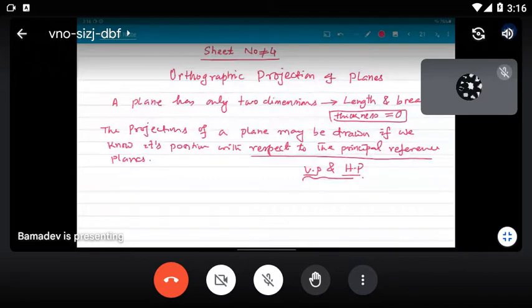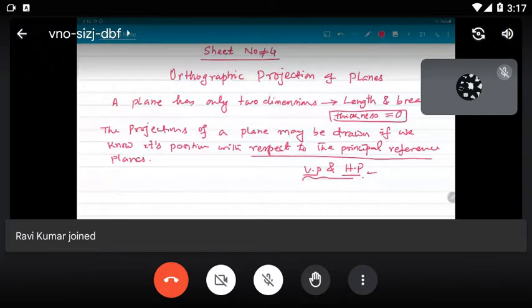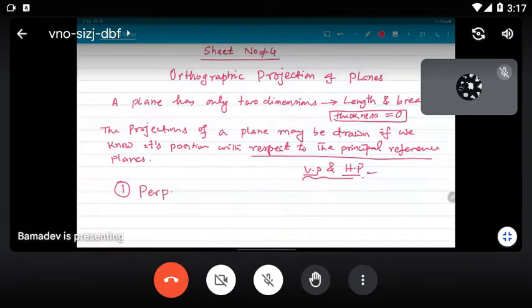So depending upon this criteria, the relative position of a plane with respect to the reference planes, it has been categorized broadly into two types. Number one is perpendicular planes.